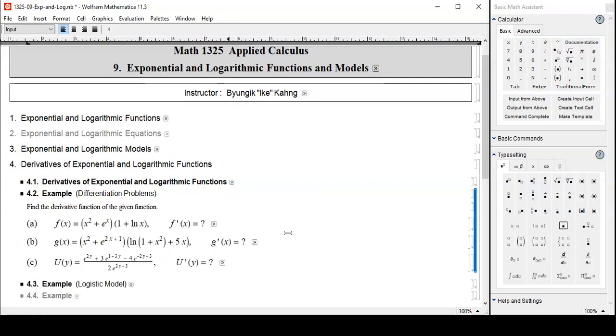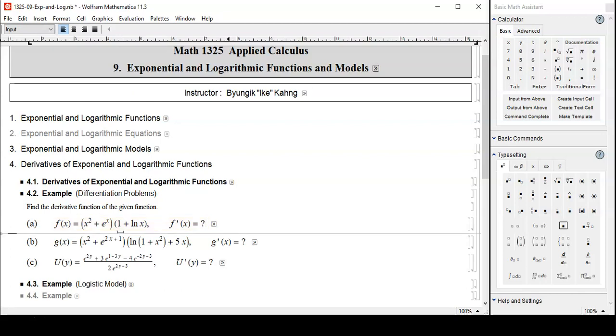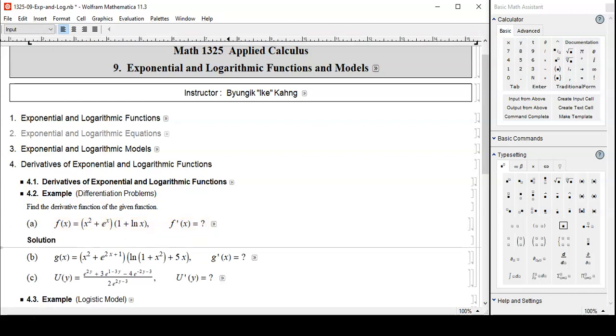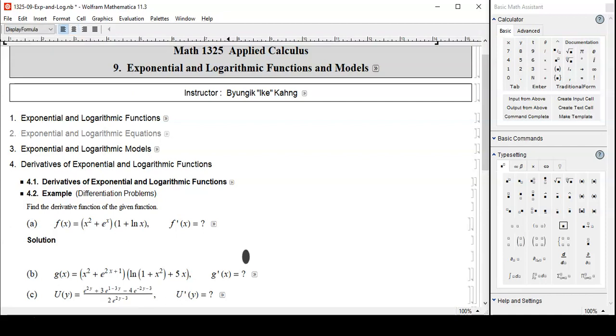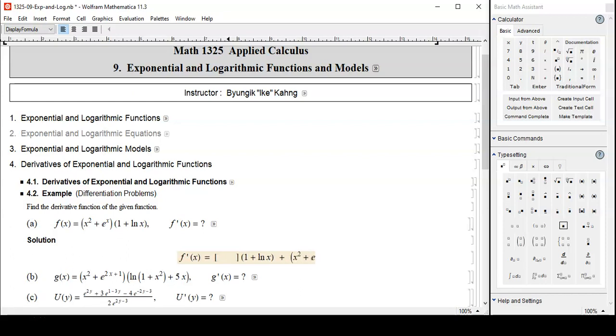Let's see, do we have some example problems here? Okay, let's go ahead and do some of these. Looks like this is a product rule problem. We took the midterm exam recently, so I hope everybody remembers. u prime, the derivative of the first function, times the second function v, plus the first function u times the derivative of the second function, v prime.